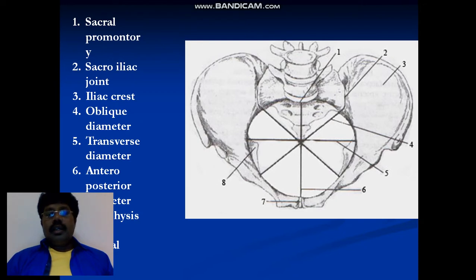Fifth is the transverse diameter. Number 6 is the anterior posterior diameter. The 7th is the symphysis pubis, the front portion of the 3 important bones. The 8th is the ischial spine, which is very important for the pelvic outlet. This indicates the station.